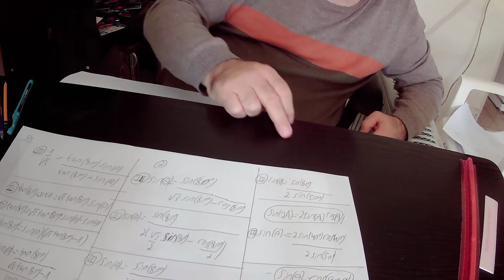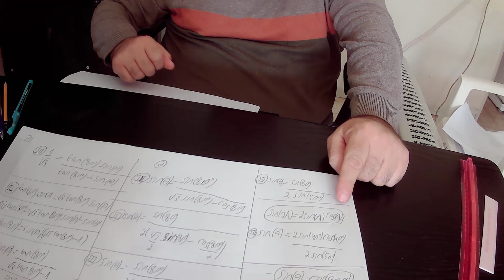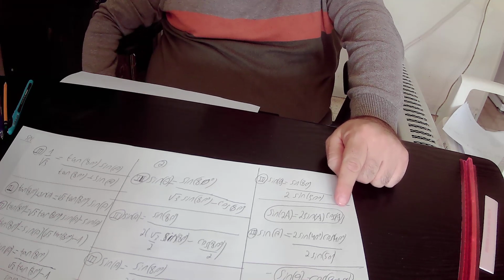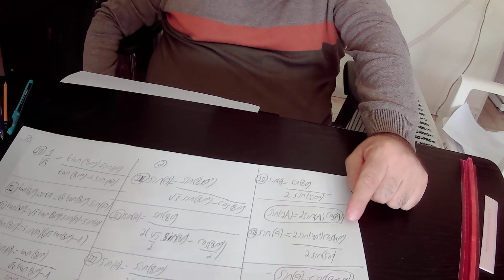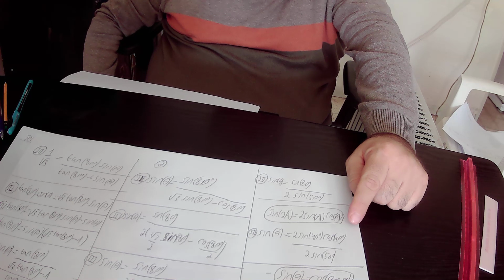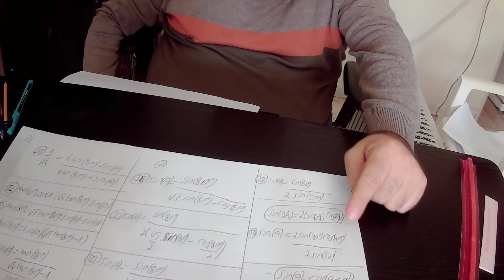We use the trigonometric identity that states that sine 2 theta equals 2 sine theta cosine theta. According to this identity, sine 80 degrees will be equal to 2 sine 40 degrees times cosine 40 degrees, and we have to divide it by sine 50 degrees.